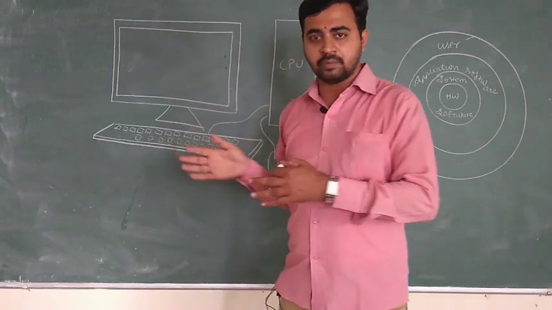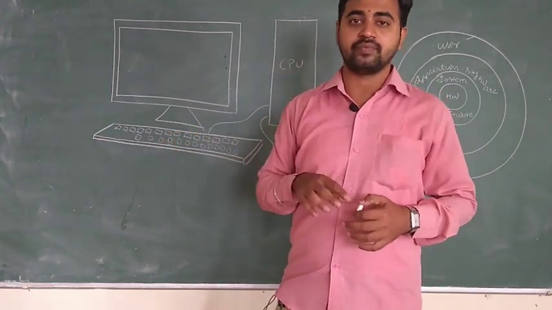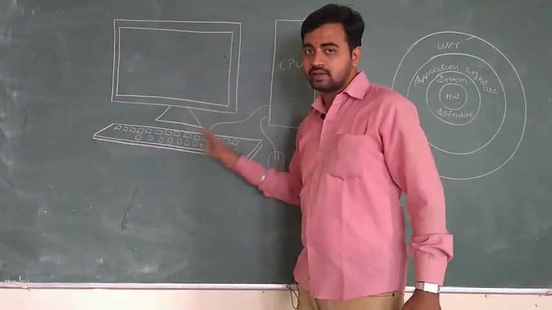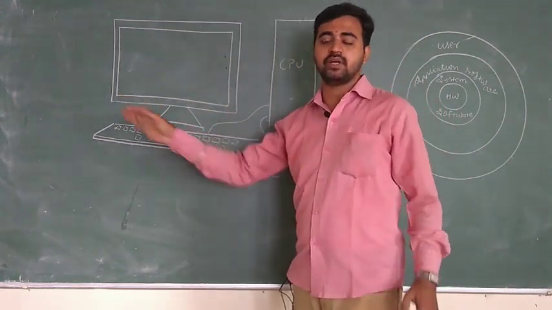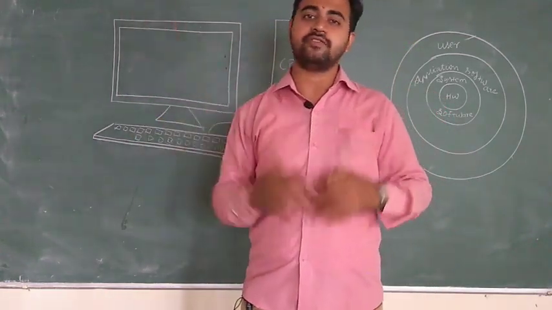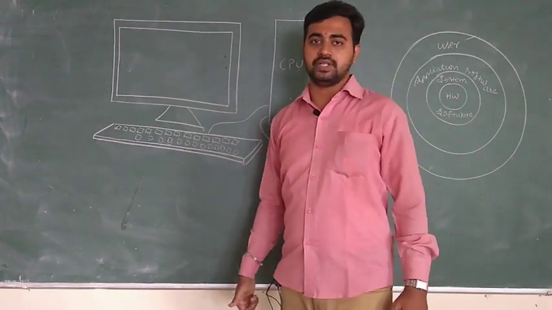Even very small kids can do this. But if you don't know, you need to learn the parts of a computer first, because the learning starts from hardware level to software level. So first we should know what the hardware is here.